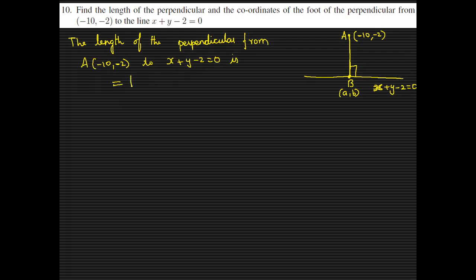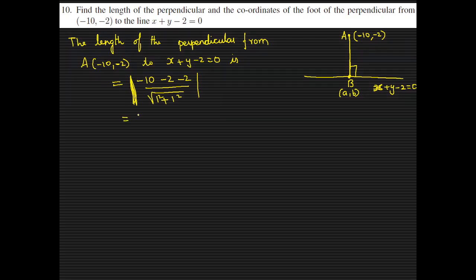The formula is the distance formula, with the modulus. Instead of x and y you need to substitute this point. So you will be getting modulus of -10 - 2 divided by square root of 1 squared plus 1 squared. So this is the length of the perpendicular.